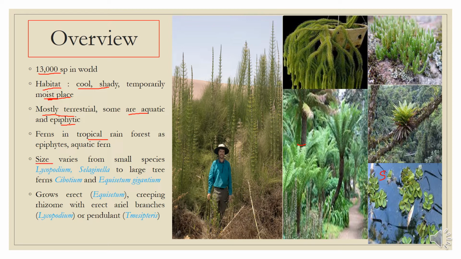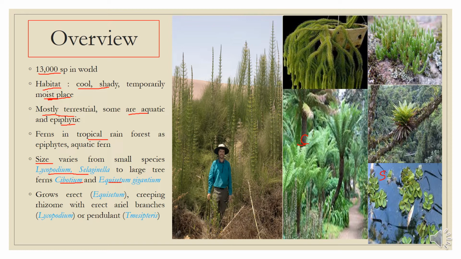And their size varies. They can be very small, like Lycopodium and Selaginella, to very large and tree like, for example, Cibotium and Equisetum. This is a tree like plant which might appear palm tree like, but it is not a palm tree, it is a fern that goes by the scientific name Cibotium.